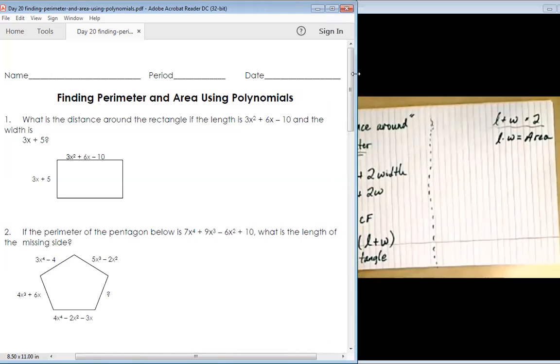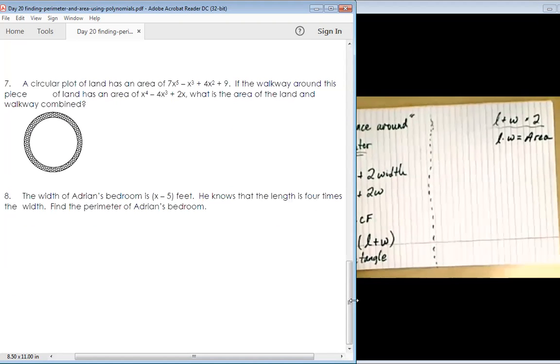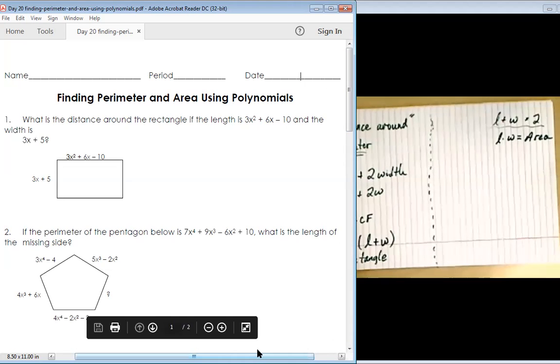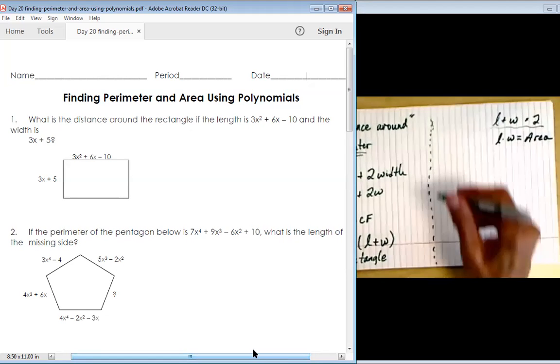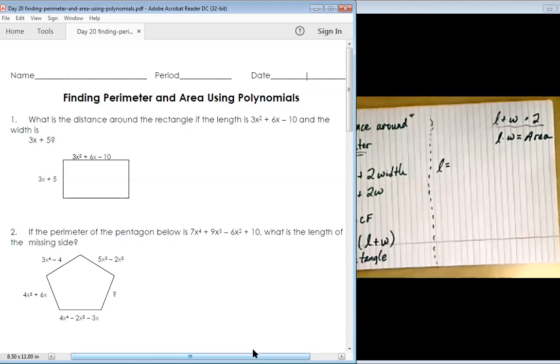I'll put it back. You help me out while I get this done. The length there, what is that going to equal? Well, you can try and write your way through the words. That's probably not too tough, actually. It tells you straight up. What's the length going to be?